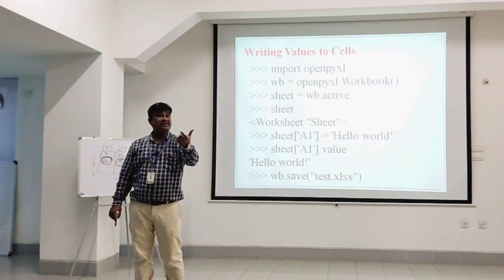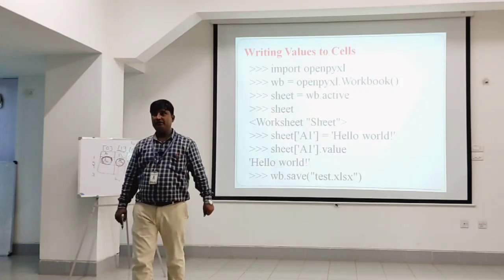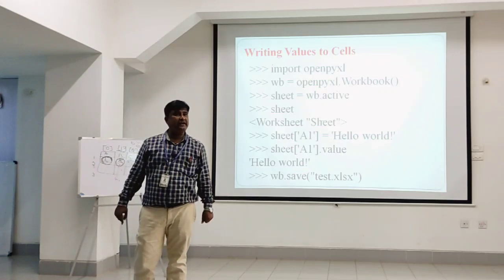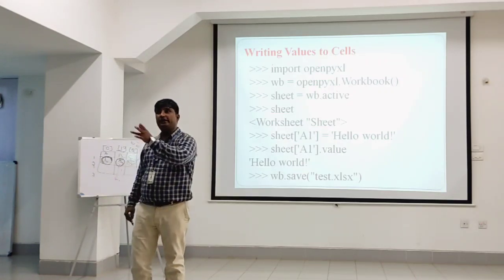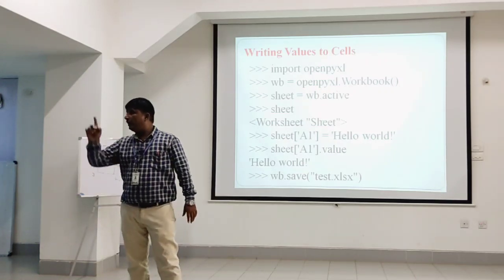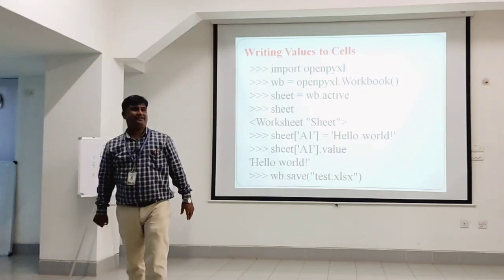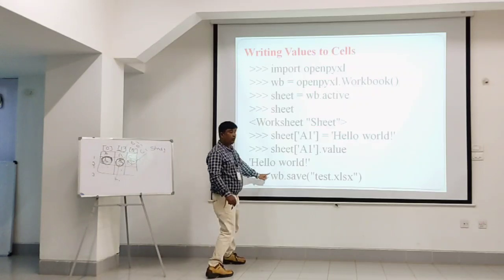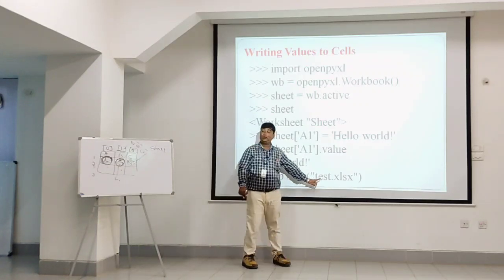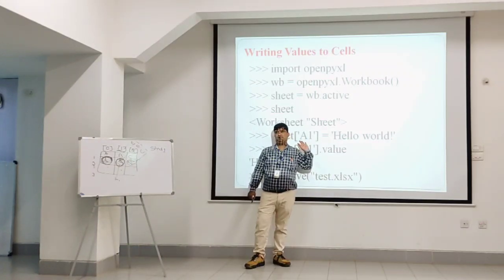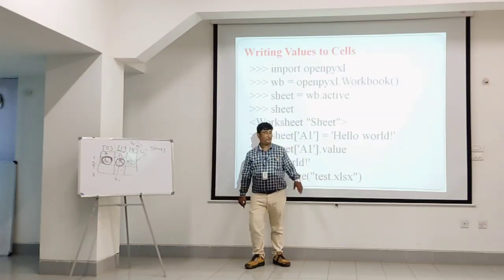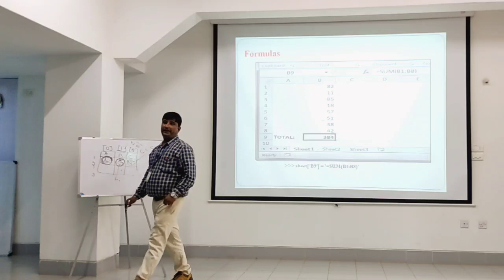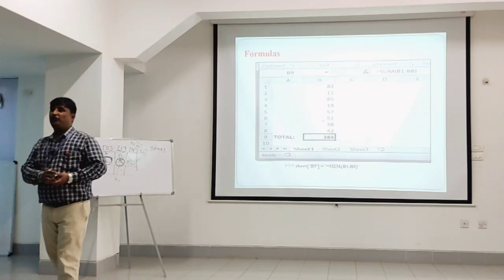That test.xlsx contains how many sheets? Only one sheet. What is the sheet name? Only Sheet. And what does the A1 cell contain? Hello. Until and unless you run wb.save, it will not be saved. This one is compulsory. Clear?